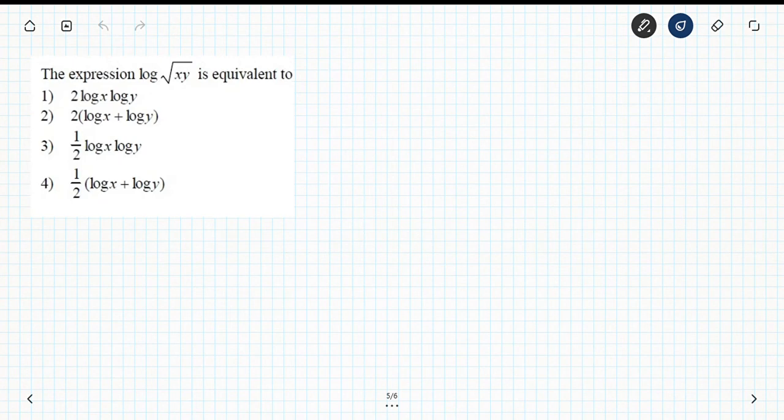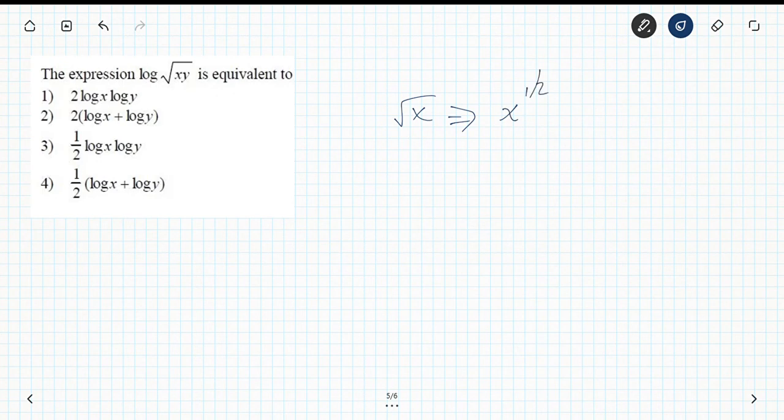Okay, so we have something tricky here. We have some product, right? But it's inside a square root. Now, a lot of us are not used to this, but essentially we're saying that the square root, if we take, for example, the square root of x, we can also express this as x to the 1/2, okay?